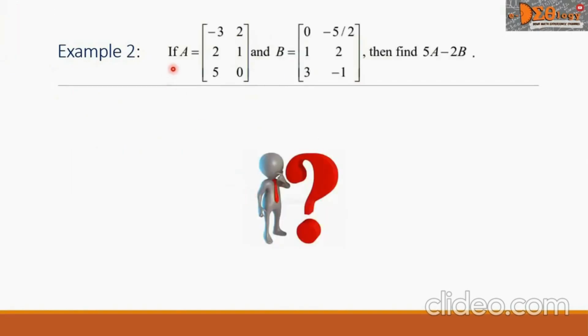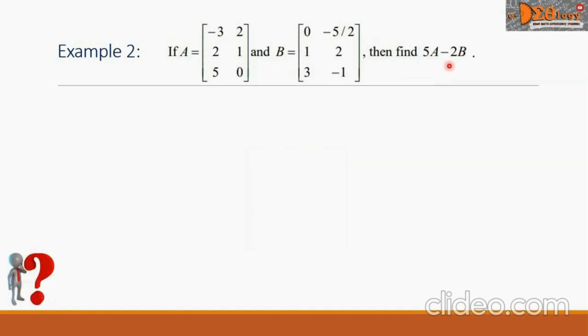Example 2. If matrix A equals negative 3, 2, 2, 1, 5, 0, and matrix B equals 0, negative 5 over 2, 1, 2, 3, negative 1 respectively, then find 5A minus 2B. Let us evaluate 5A minus 2B.